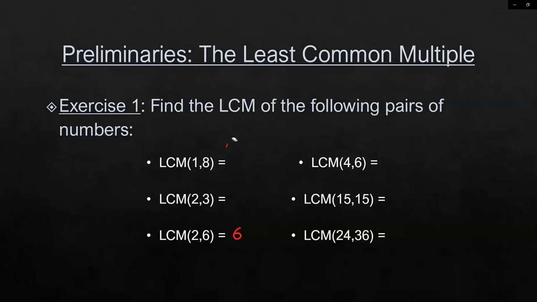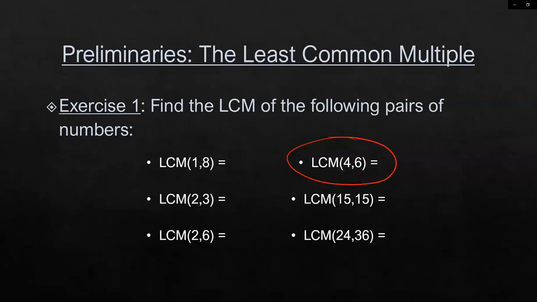And let's try also this one, just to remember it. May I answer again? Yes, absolutely. So for 4 and 6, when you multiply 4 by 3, you get 12. And when you multiply 6 by 2, you get 12 also.